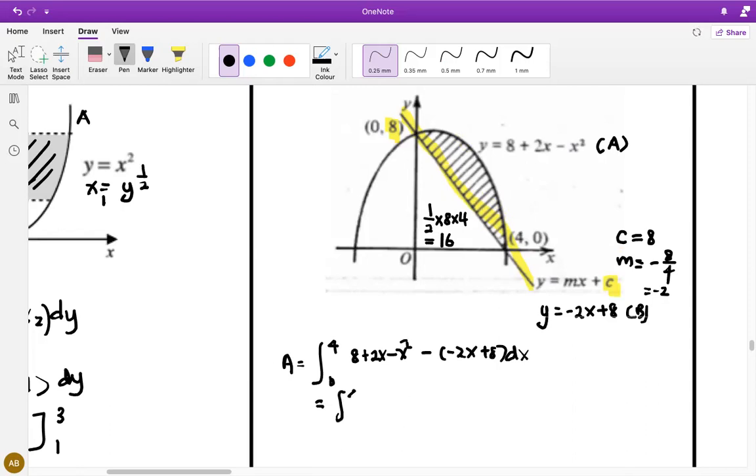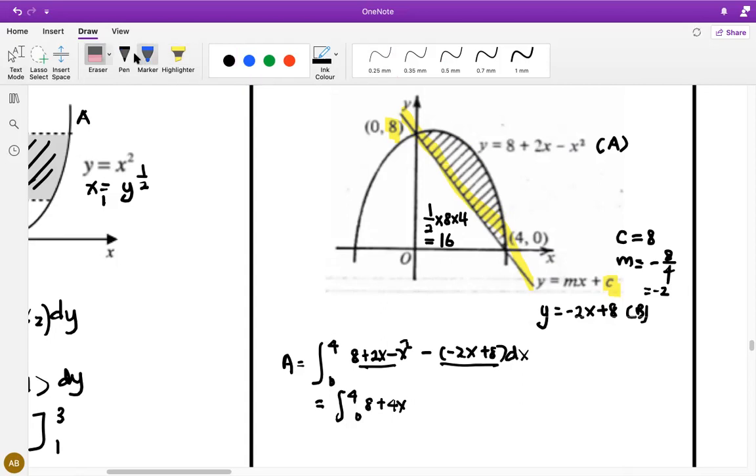So here you get 4, 0, and then this one, if you simplify, or you just solve this one, the area of the shaded region here, also can, but this one you use the formula first. So 8 plus 2x, so you get 8 plus 4x, 2x plus 2x, 4x, and then minus 8, right?